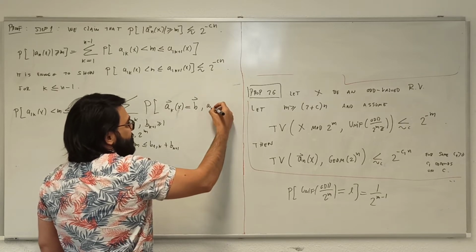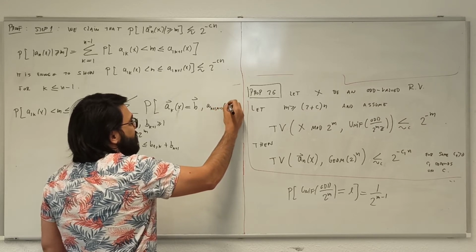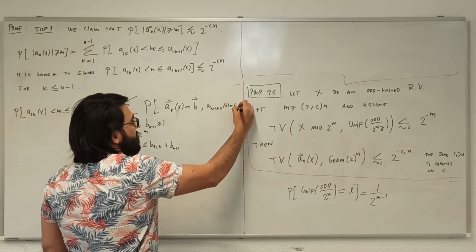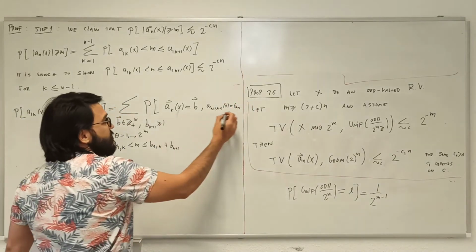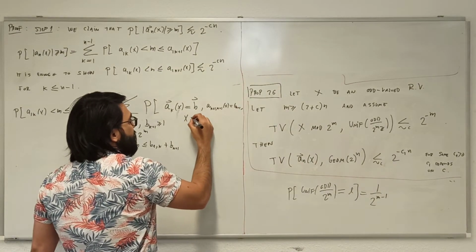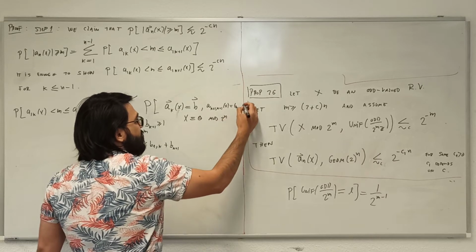Since I didn't define it, I will make a trick here: this will be k plus 1, a_{k+1} of x equals b_{k+1}, and x being congruent to theta mod 2 to the m.